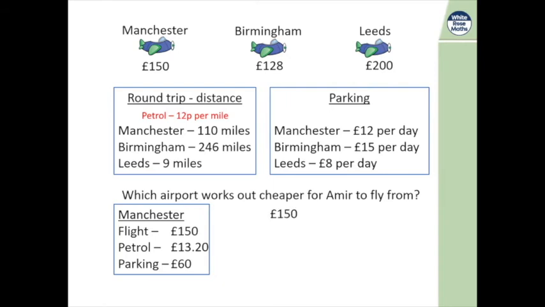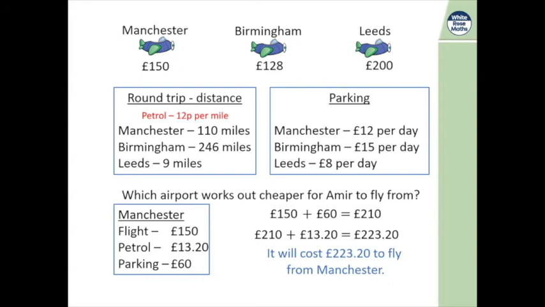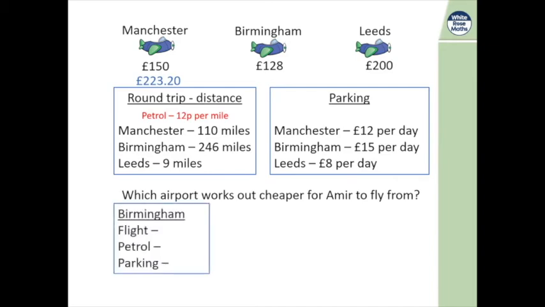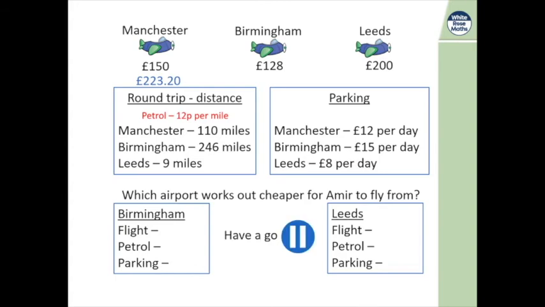Well, I know £150 plus £60 is £210. Then I can add £13.20 to see the total cost to travel from Manchester Airport is £223.20. So together we've worked out the total cost to fly from Manchester. I wonder if you can work out the total cost to fly from Birmingham and from Leeds. Pause the video and have a go.